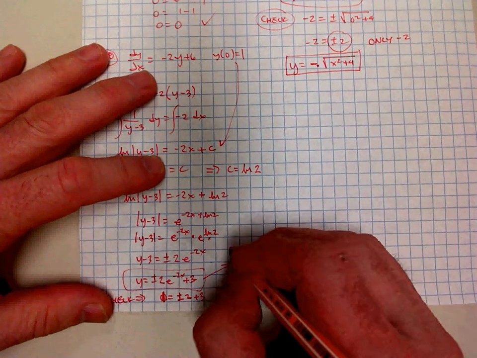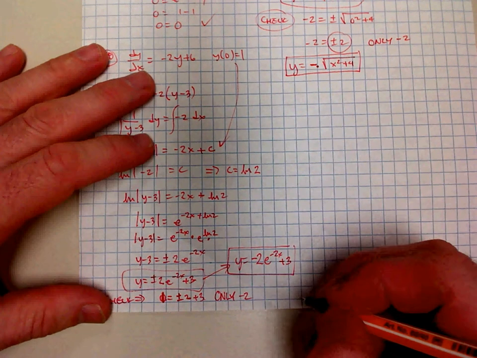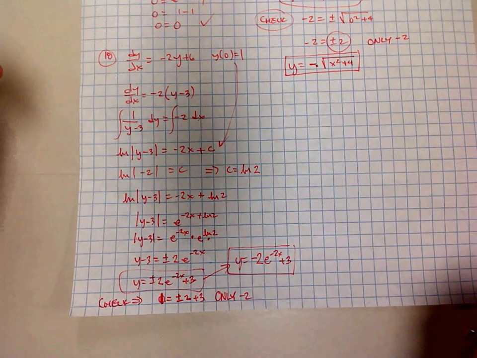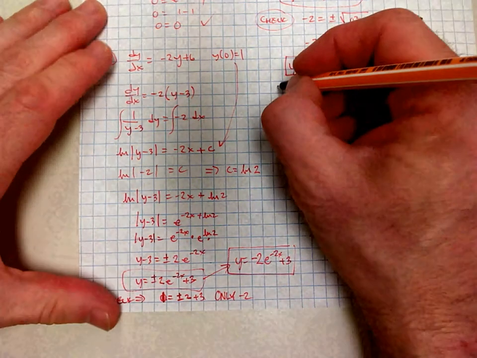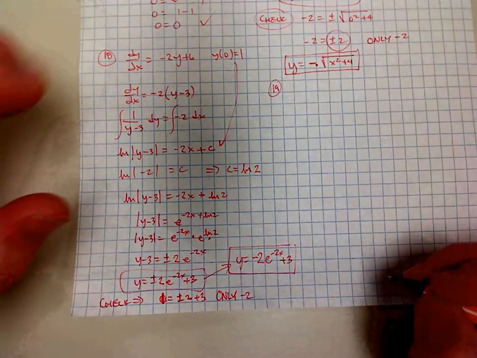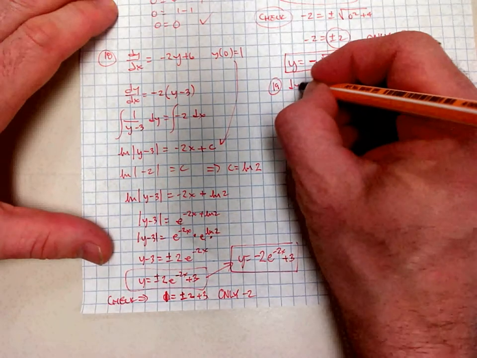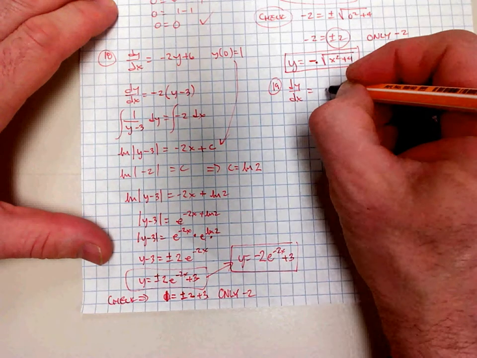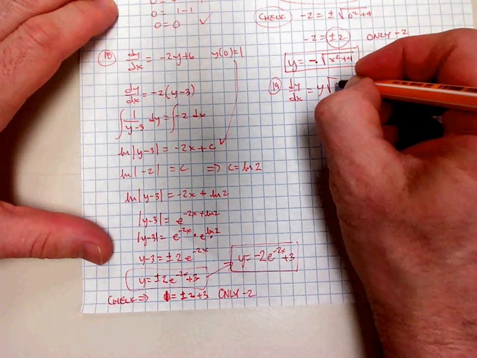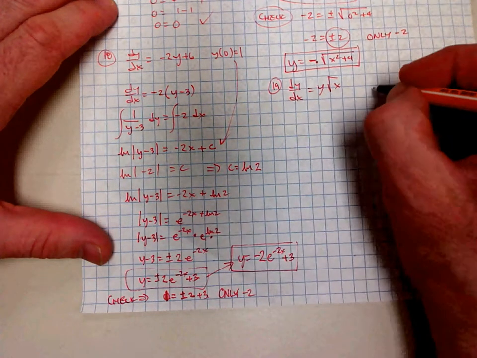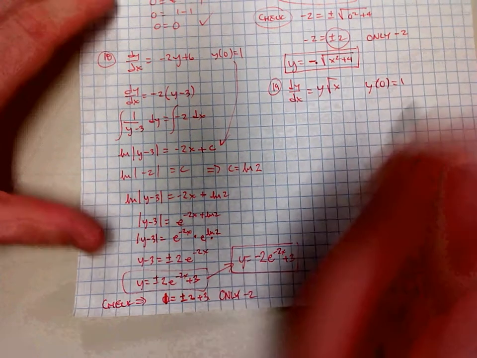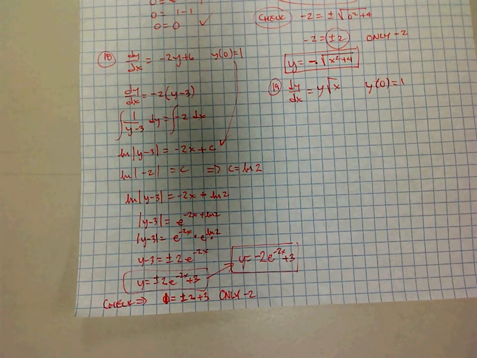We have time to do number 19, so let's go ahead and move on to that one. This gives us dy/dx equals y times the square root of x. And we're going to evaluate this one with kind of the same condition we had on the last one. When x equals 0, y equals 1. Okay, let's get our y out of the way, get the dx on the one side.